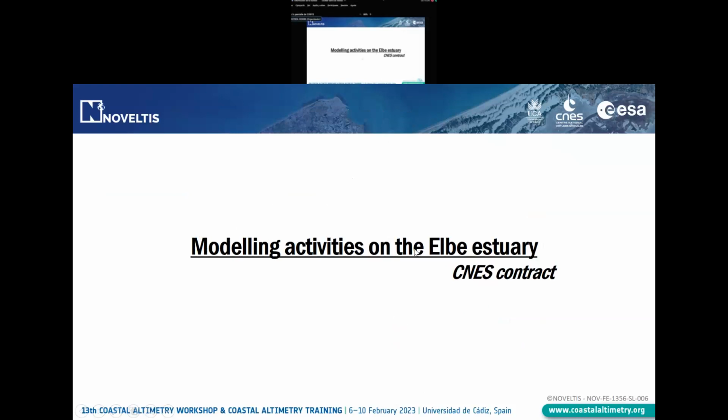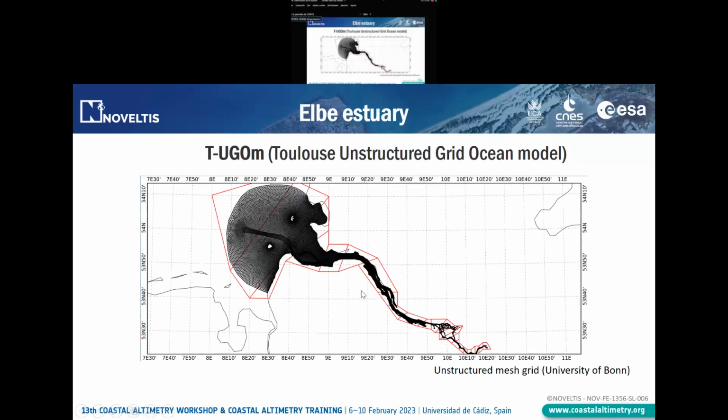For the Elbe estuary, this work was made in the frame of the NEXT contract, and we also use the model developed by LEGOS. We use the mesh grid courtesy of the University of Bonn.